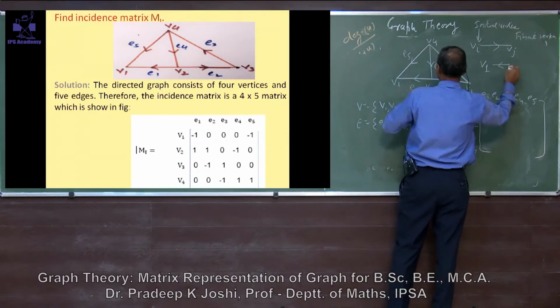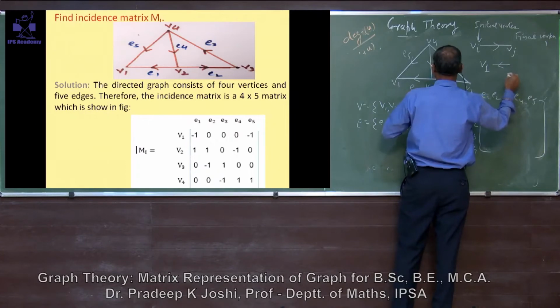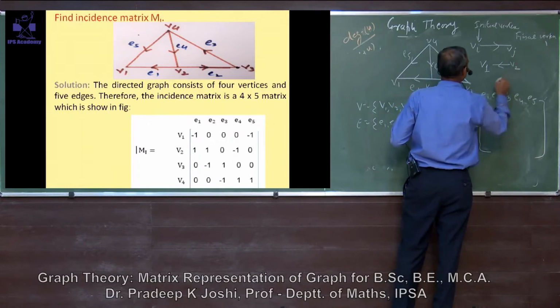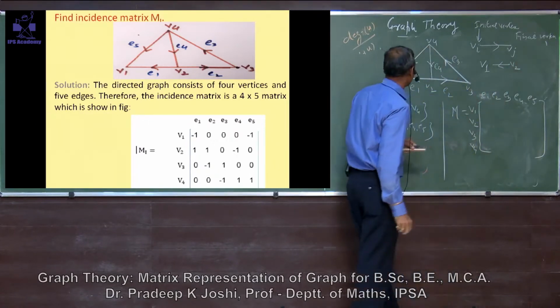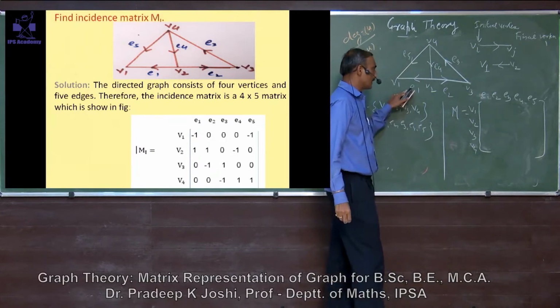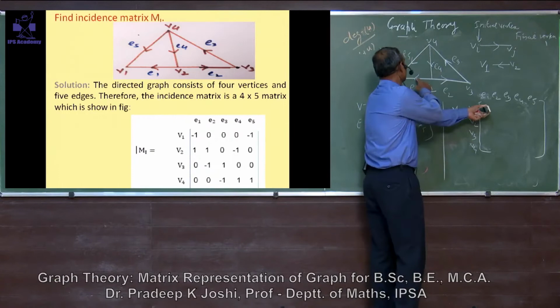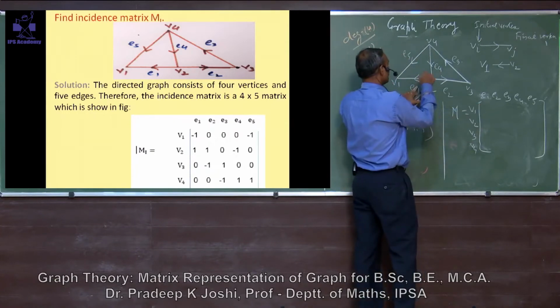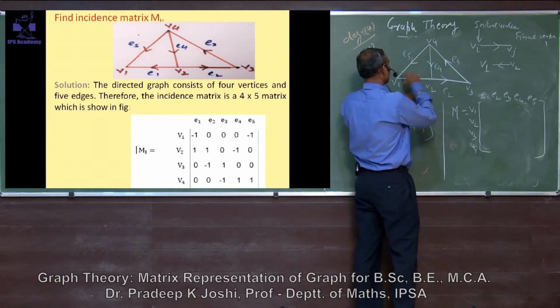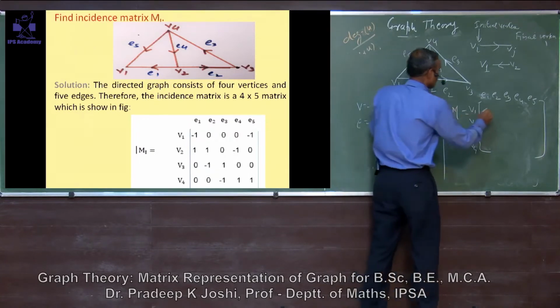V1 is not directing from V2, but V2 is directing from V1, so find E1. For E1, V2 is the initial vertex, but V1 is the final vertex. So we are finding for V1, the value will be -1.